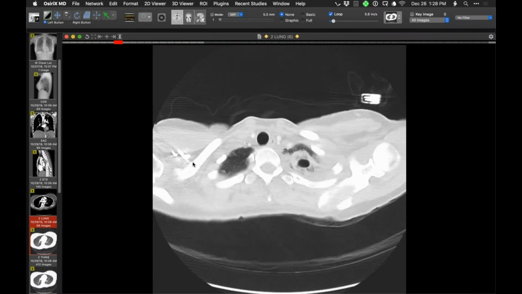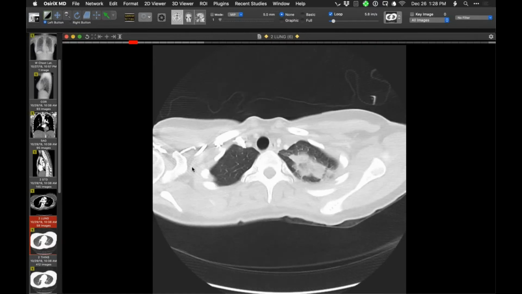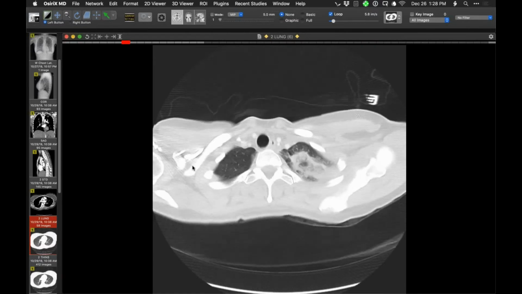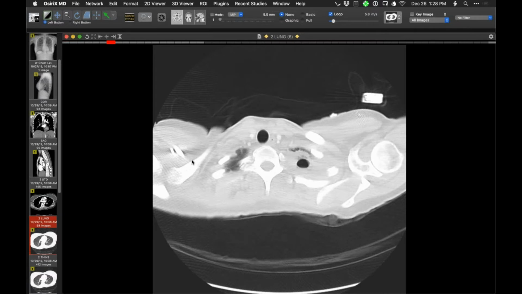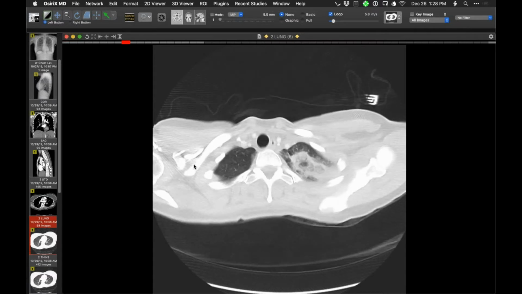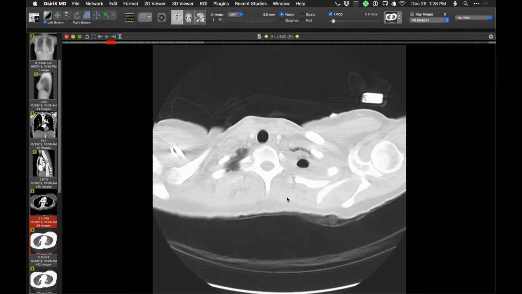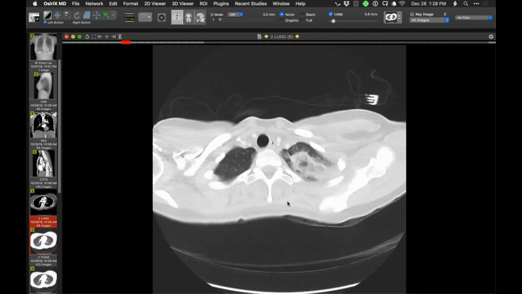But take a look at this. So now we have, way up in the apex, this cavitary lesion. You can see that it has kind of a bird's nest type appearance where there's less attenuation in the central portion compared to the peripheral portion with obvious cavitation.